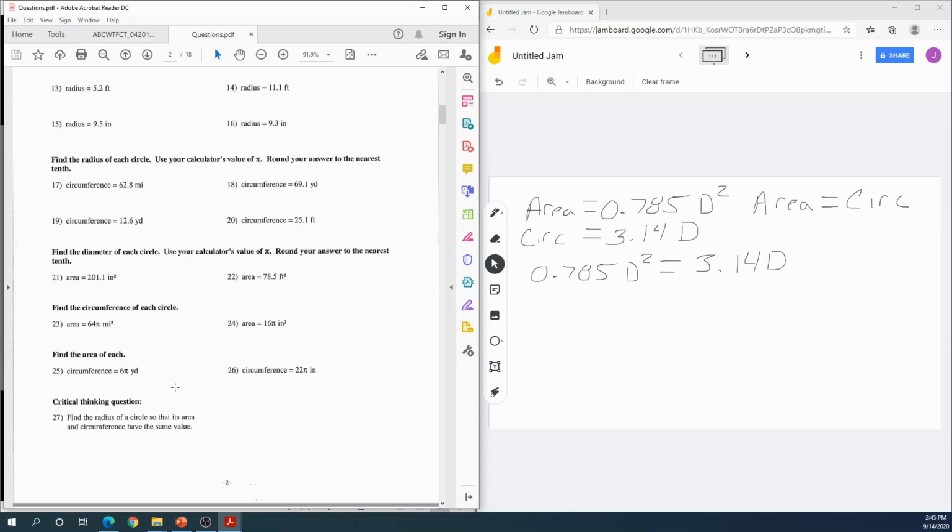So now what we want to try and do is we have to isolate our d and try and get both of them on the same side of the equation. So what I'm going to do is I'm going to divide both sides of this equation by 3.14 d.